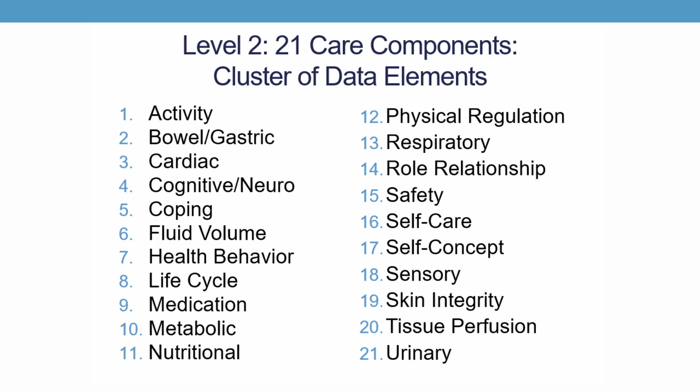Note that the 21 care components represents not only body systems like respiratory and cardiac, but also it addresses functional activity such as activity or self-care, and health behavioral activities such as medication administration or safety requirements, as well as other categories to use to care for the whole patient, which is the role of the professional nurse.